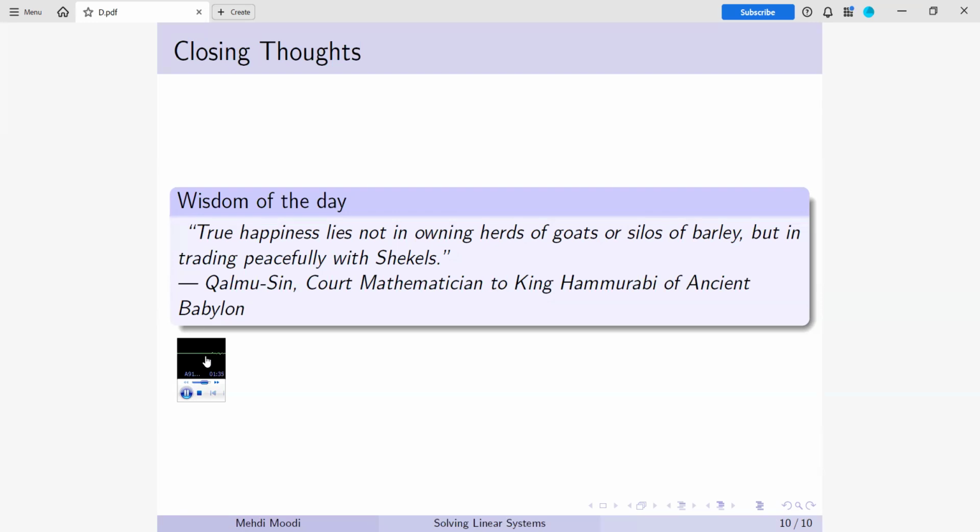He solved the system mentally like a wizard, stood before the crowd, and declared, "A goat is worth 20 shekels and a sack of barley is worth 4 shekels. Now stop yelling." Markets stabilized. Farmers rejoiced. King Hammurabi nodded smugly.